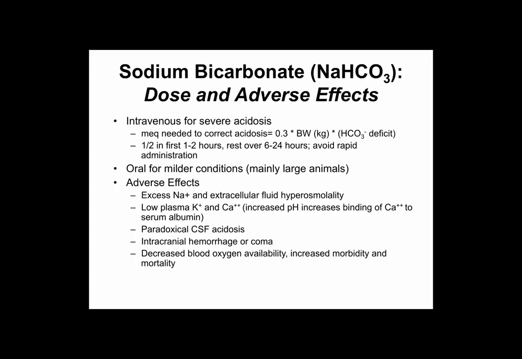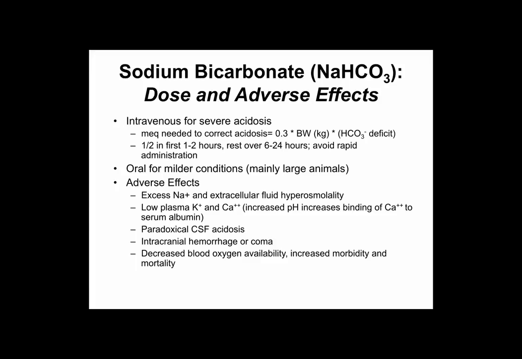We can have what's called a paradoxical CSF acidosis. That is the more rapid driving of the pH inside the cerebral spinal fluid, increase in CO2. CO2 then says to the respiratory center in the medulla, oh, I'm going to stop the breathing, and this can lead to death.